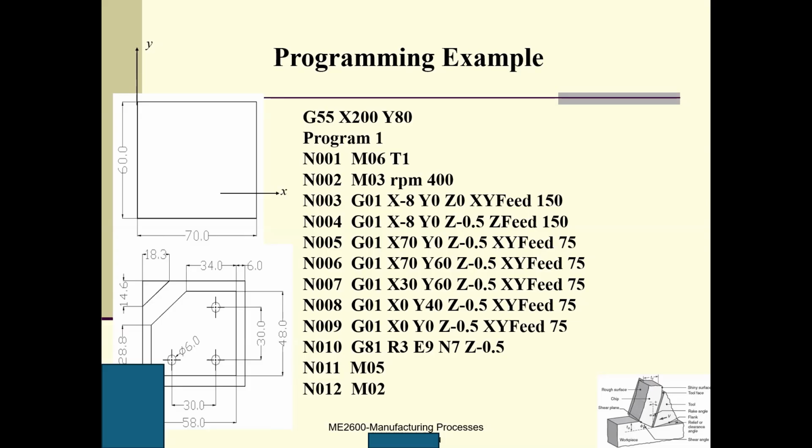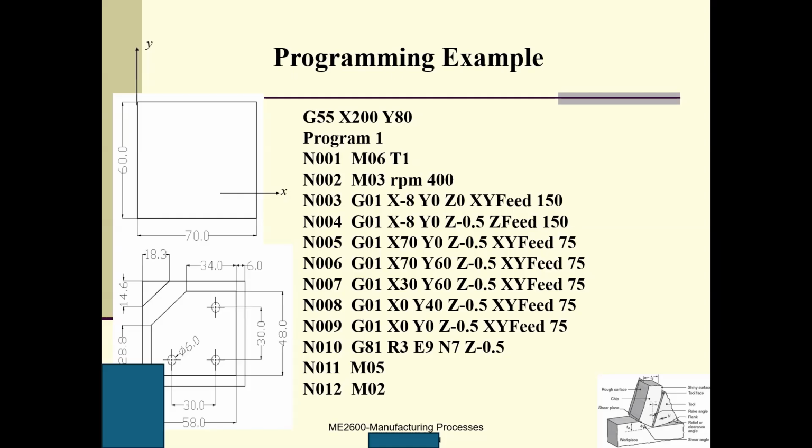Understand, Sarah? So this is the plate, my plate. First, my medium tool comes here. Then I go down a little bit, this is minus 0.5. Then from here, I go to this part, and this part is X70. Y does not change, Y0, but Z is still minus 0.5.